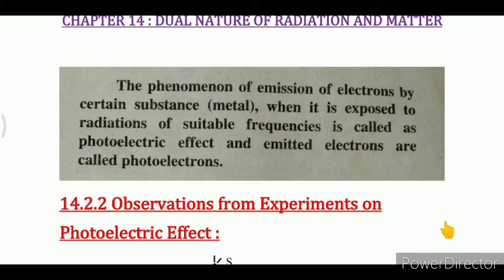Now, last time we were discussing observations from the experiment on the photoelectric effect.